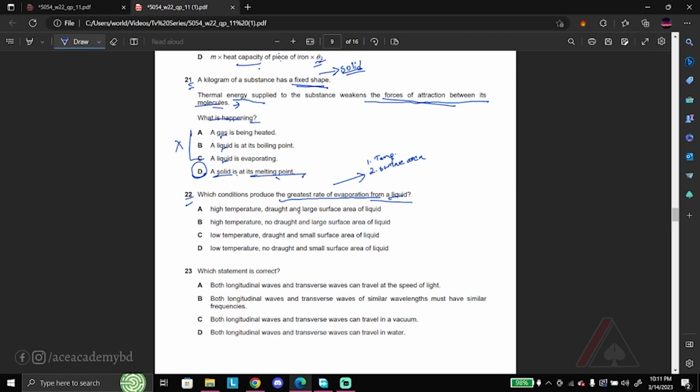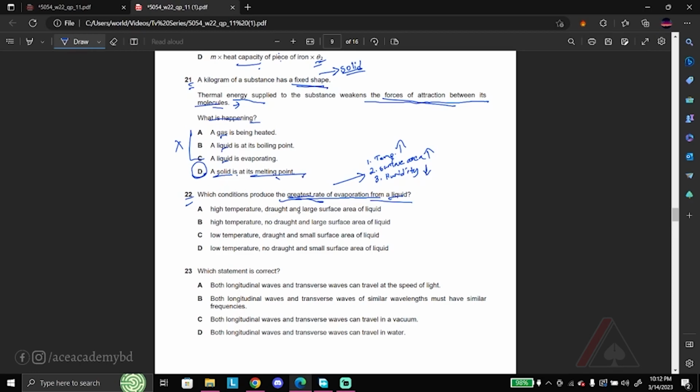And three is humidity, or the moisture of the atmosphere around the liquid. The question asks for the greatest rate of evaporation. For the greatest rate, we need the temperature to be as high as possible, the surface area to be large too, and humidity to be less. Because if the air is more humid, then there's less space for water molecules to evaporate in. So we need the humidity to be relatively less.